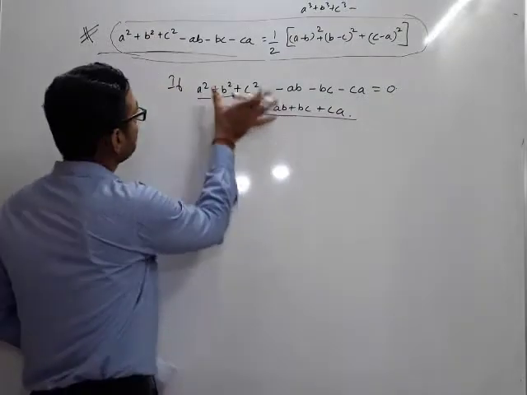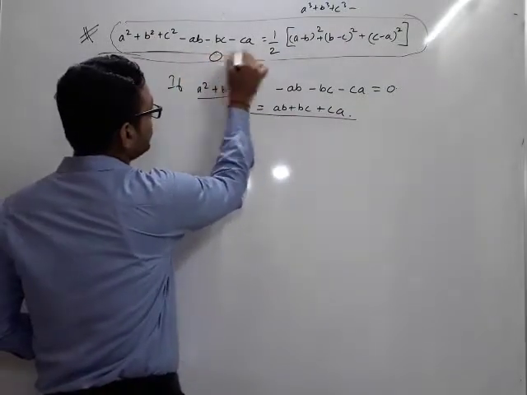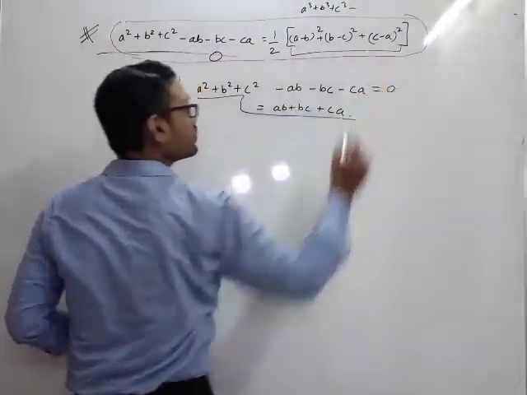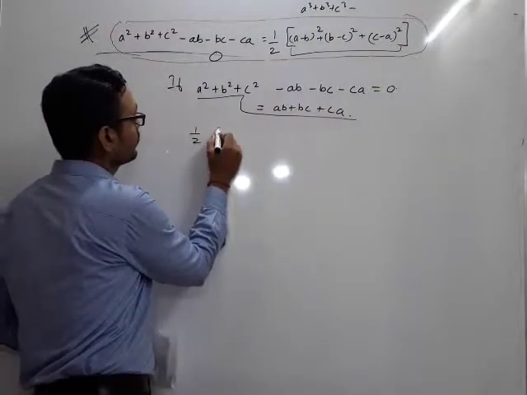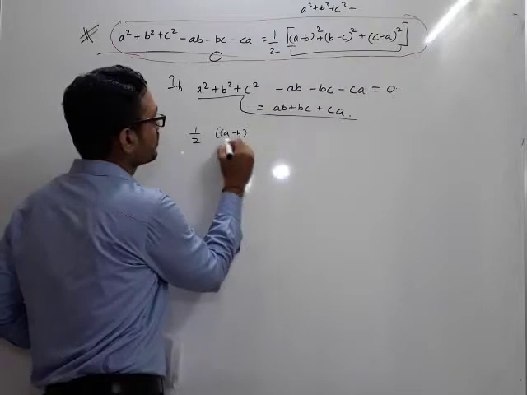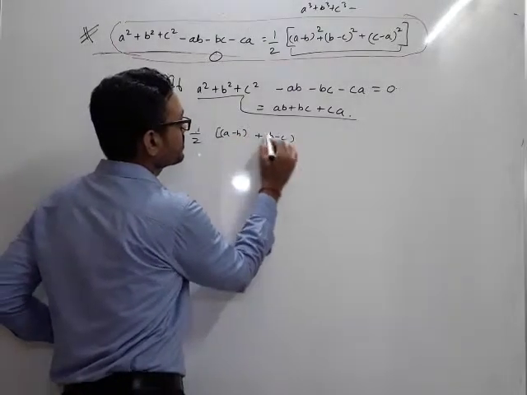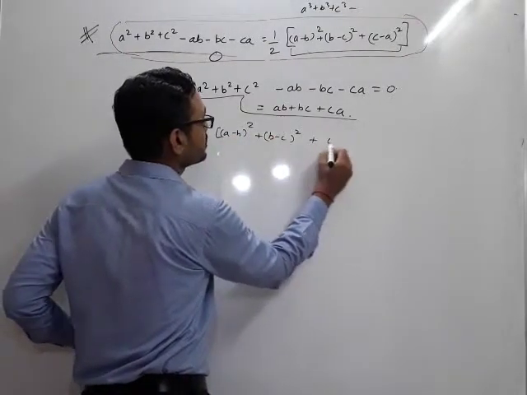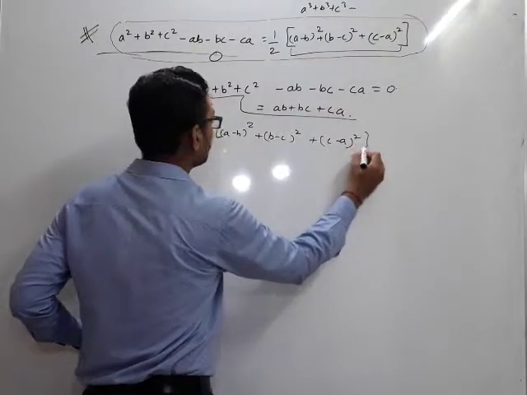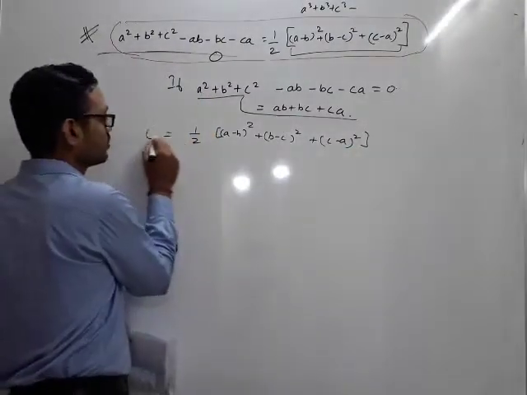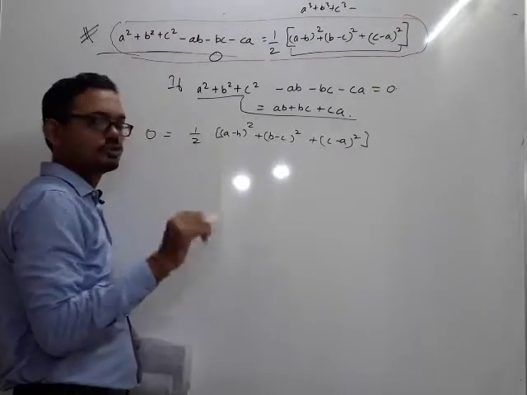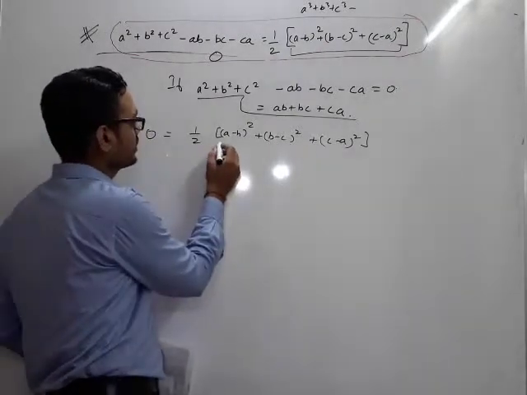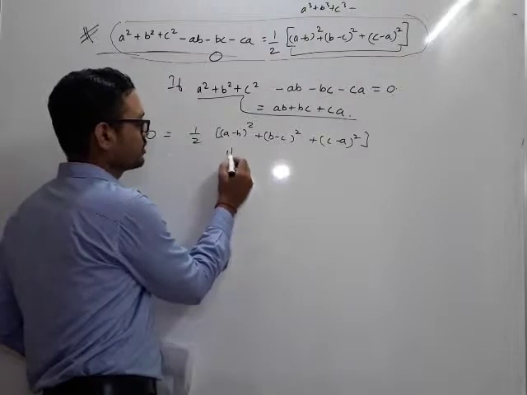It's nothing else. If this becomes 0, which means half of (a minus b) square plus (b minus c) square plus (c minus a) square will be 0. We have done it in the previous video. Sum of the squares is 0, then each term will be 0.